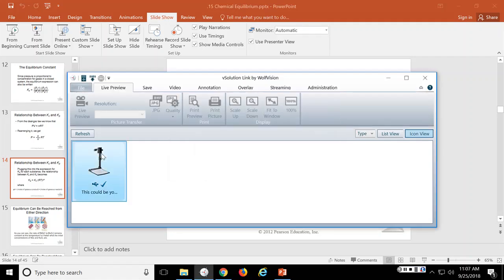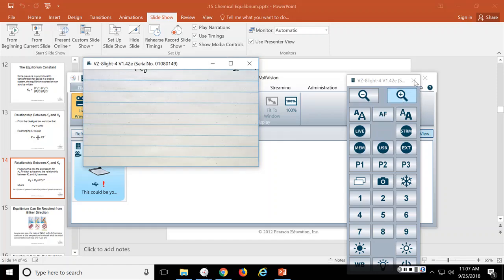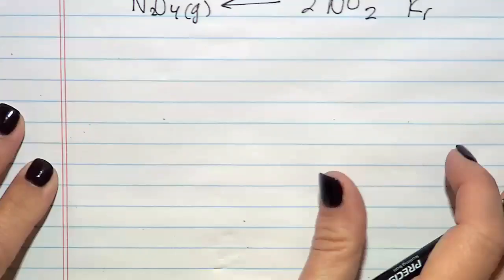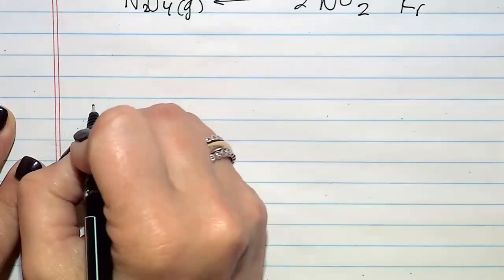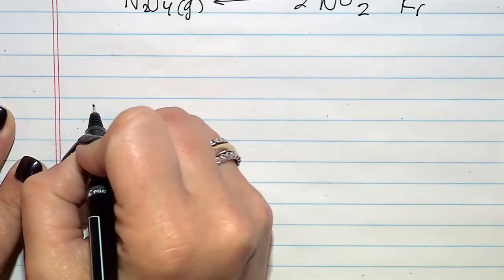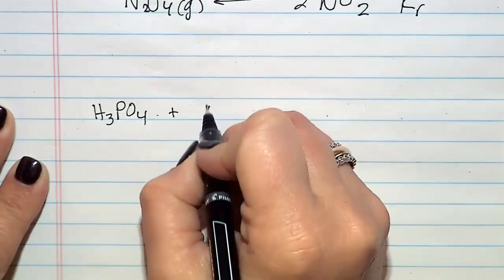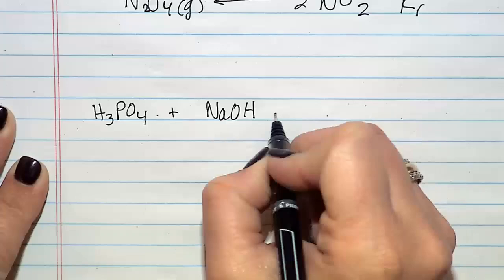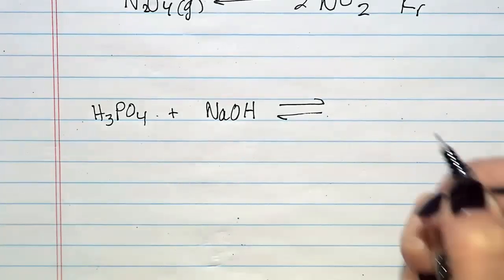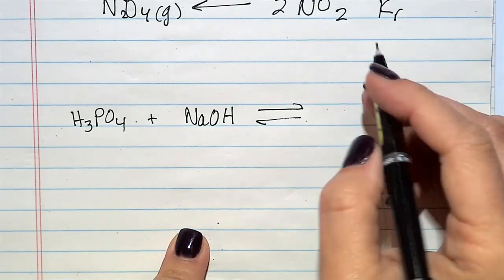It's not working, there we go. Okay, so if I had, I don't know, this is not a reversible reaction. I'm just totally making this up.